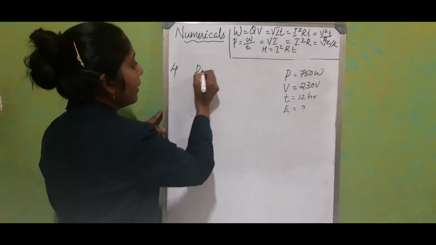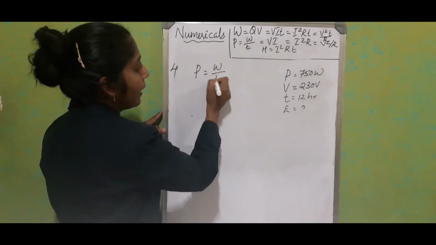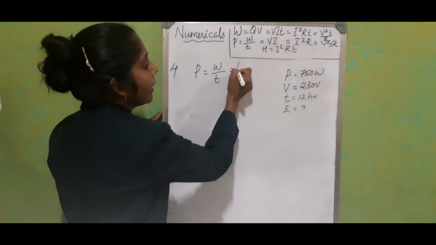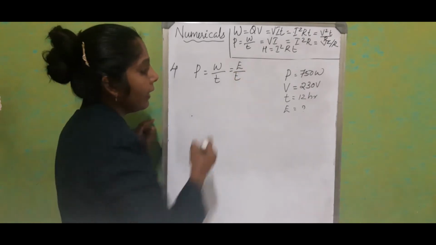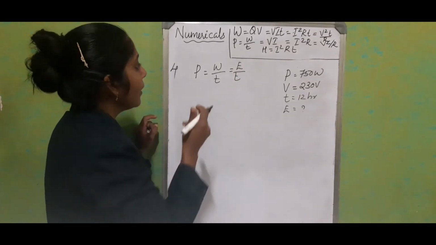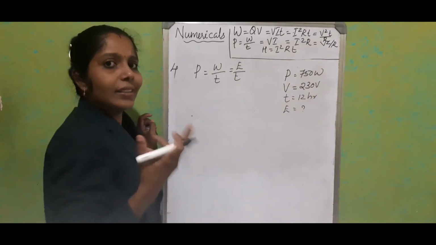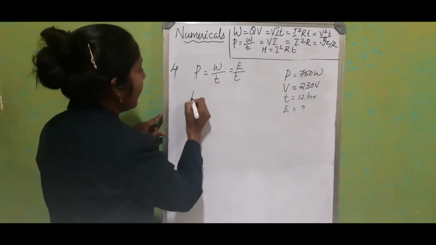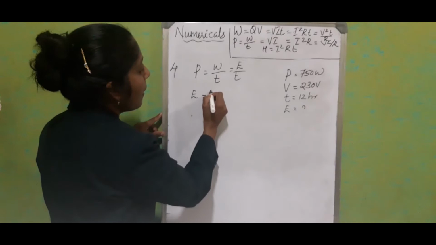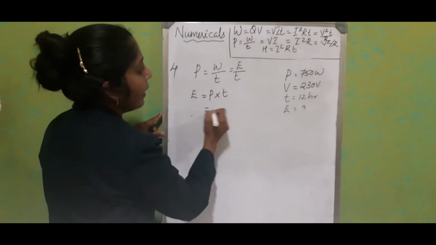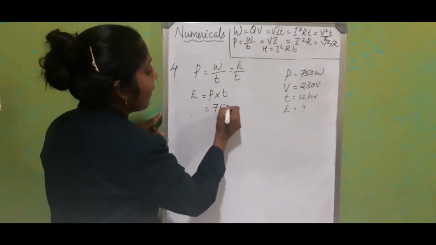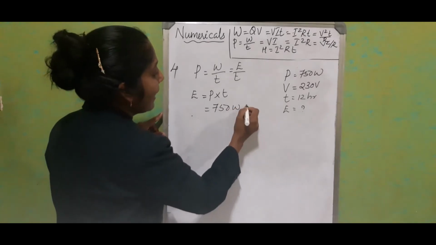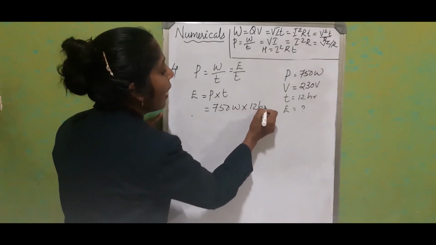We know that power is equal to W by T, that is, energy by time. Here V is not needed, we need only the rest of the factors. So energy is equal to power into T. So power is 750 watts into 12 hour.